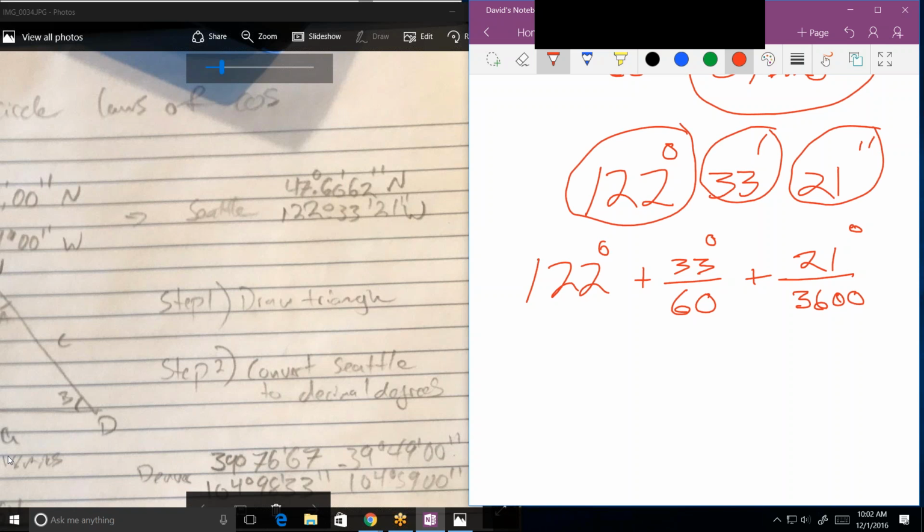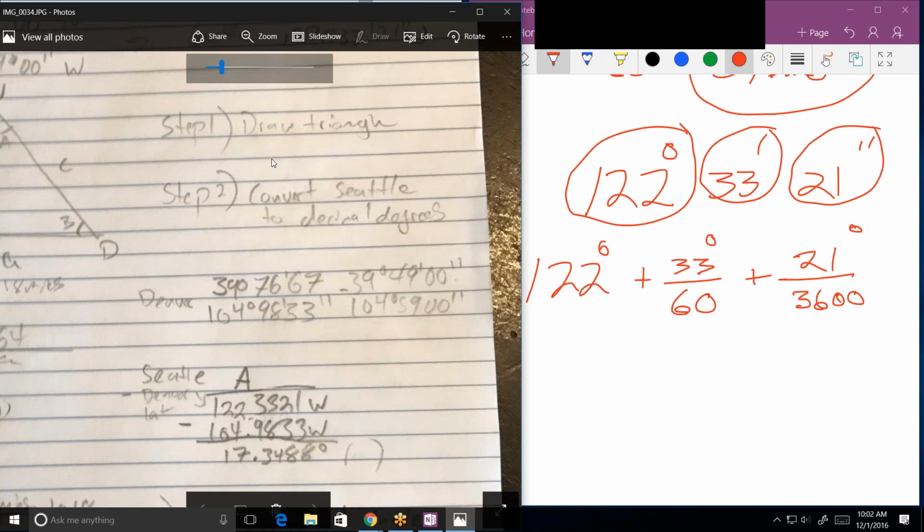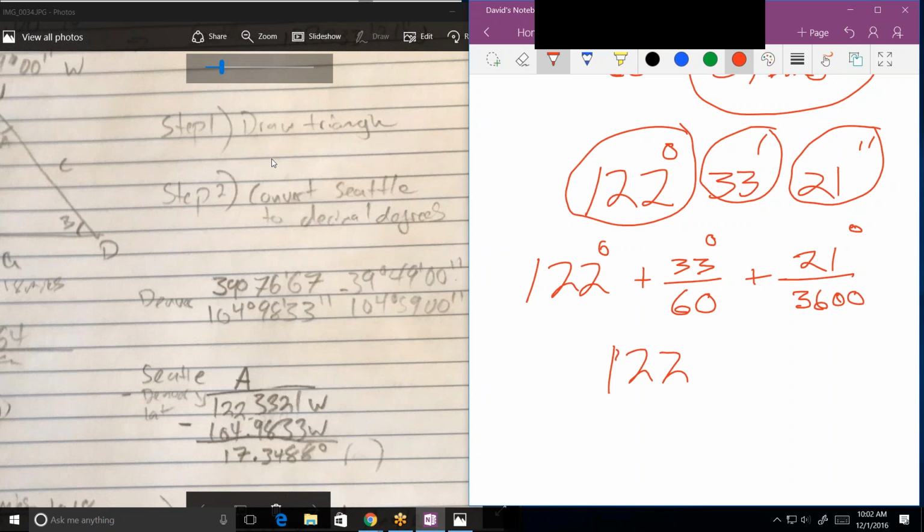Okay. Add these three numbers together and you'll have the decimal representation. Oh, no, that's not correct. That hasn't been converted to decimal yet.